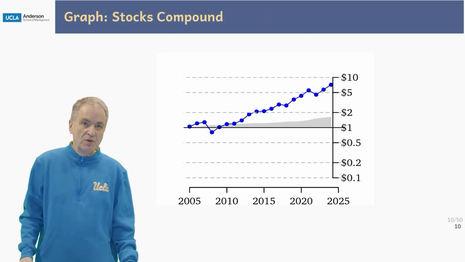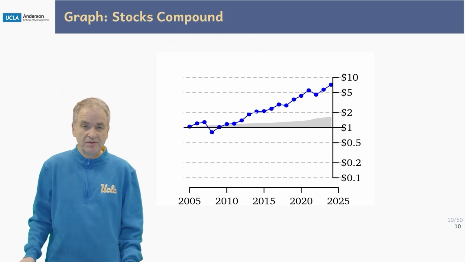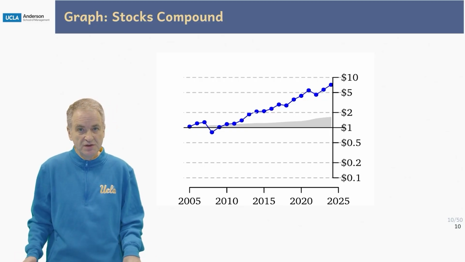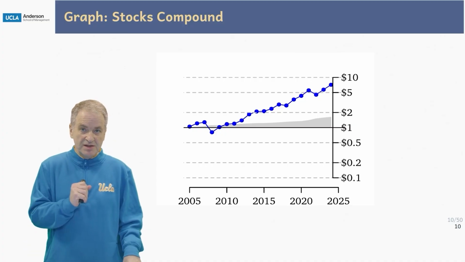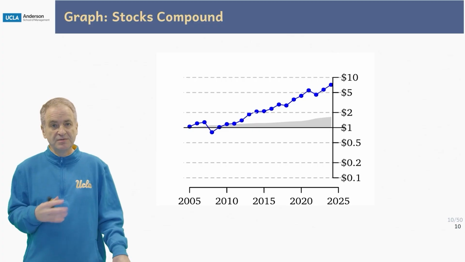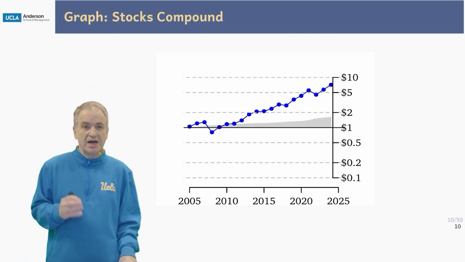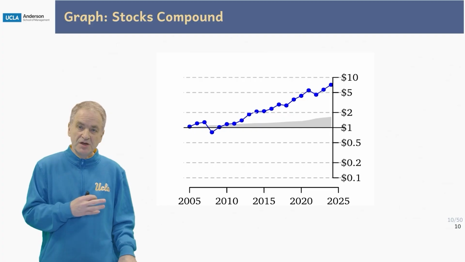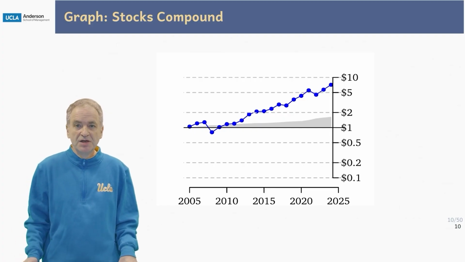And I can show you also the compound rate of return. As you already know, the arithmetic and the geometric rate of returns are quite different and can be quite different. The gray bar here, incidentally, is inflation. So if you had invested in stocks beginning in 2005, well, just after 2009, you would have been in the red, but if you had just continued holding, today you would have some number, just judging from the graph, about $8.